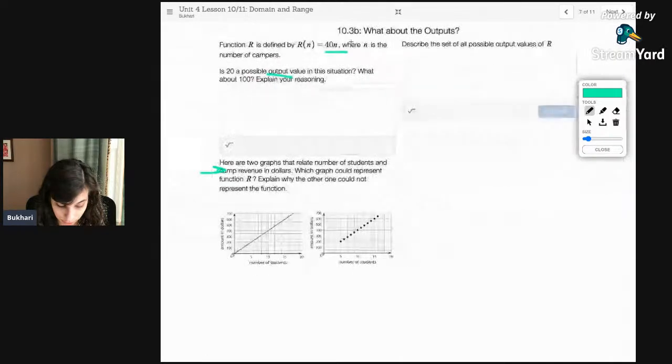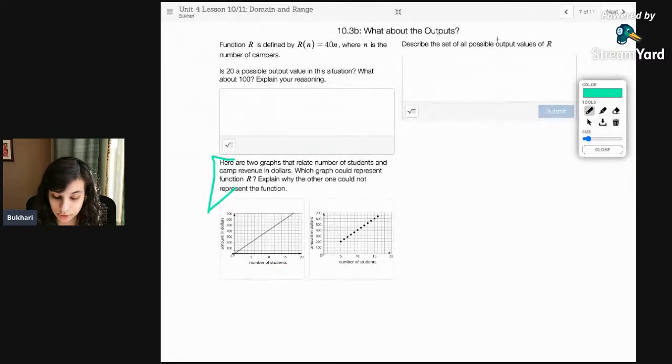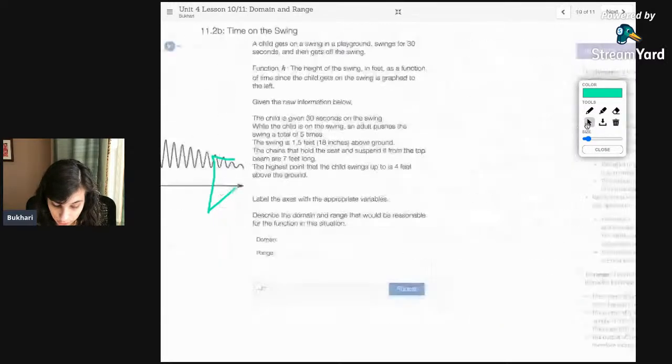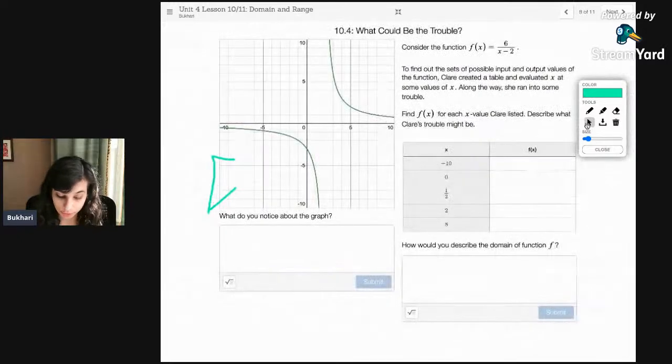So this slide relates to the scenario before. Think about what a proper graph would look like and describe all the sets of possible outputs of r. And you want to continue to follow that same trend over the next couple of slides. We're just doing some more practice when it comes to how can I determine my inputs and my output values.